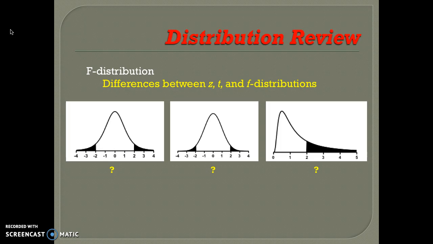If you remember from the forum discussions as well as the discussions in your textbook, which distribution is going to have more space in its tails, the T or the Z distribution? Well, hopefully you guessed that. So this first picture here has more space in the right and left side of the tails, therefore making it a T distribution when we compare it to the center picture, which is going to be our Z distribution.